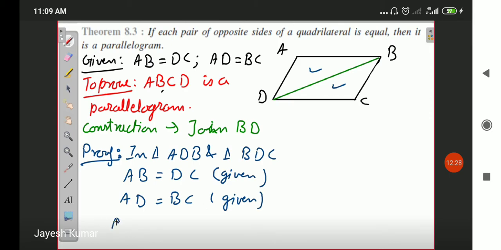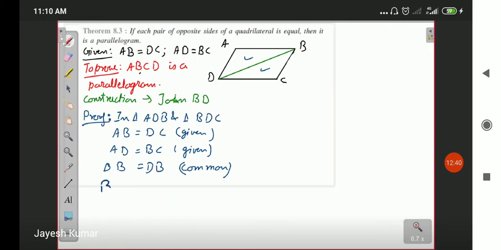And lastly, we have a common side. DB and DB are equal, common sides. So you can easily guess what congruency we use now: SSS congruency. Both the triangles will be congruent. Triangle ABD will be congruent to triangle CDB.